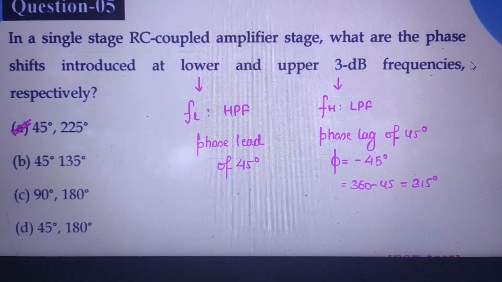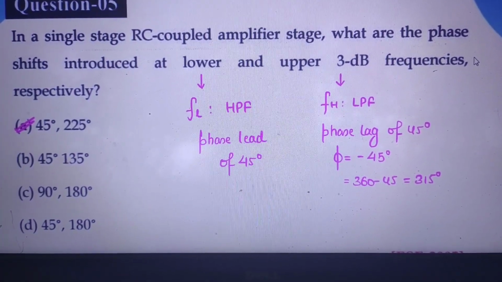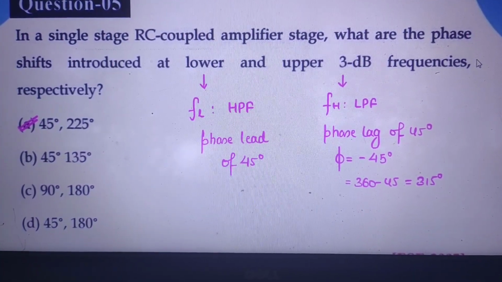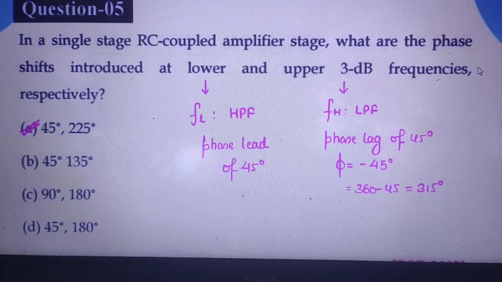In a single stage RC coupled amplifier stage, what are the phase shifts introduced at lower frequency and upper 3 dB frequency respectively?